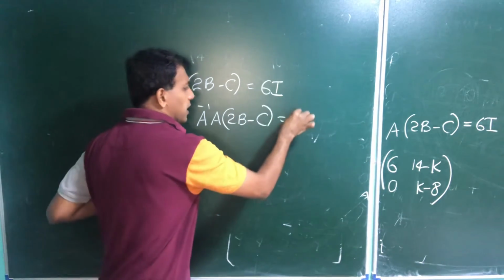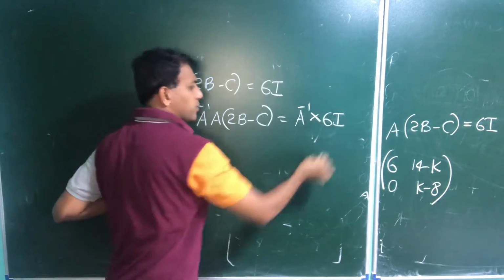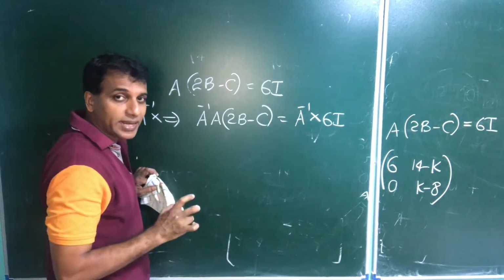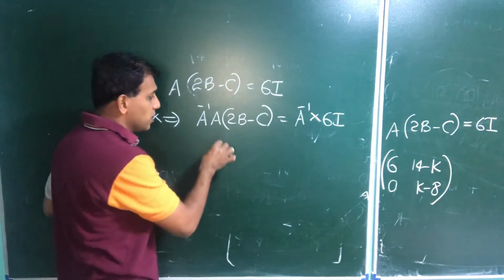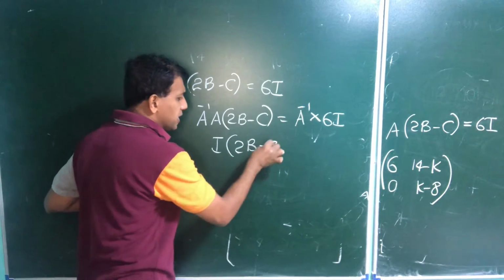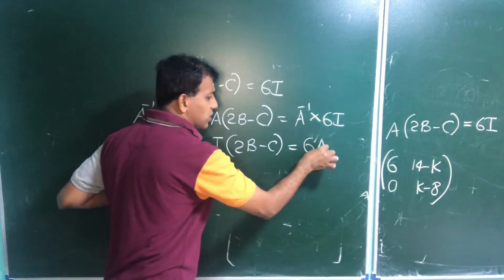And on the other side, A inverse multiplied by 6I. Okay, you know A inverse into A is I, that is unity, right? So this is I into 2B minus C, and here 6 times A inverse.